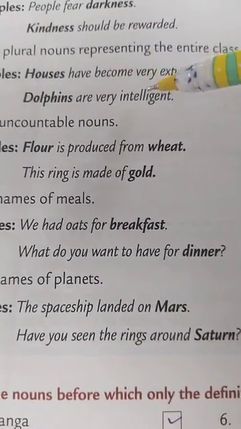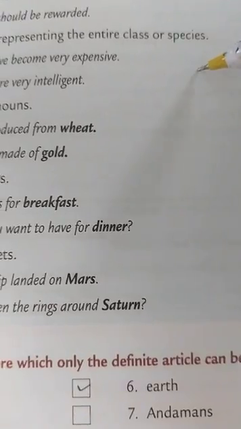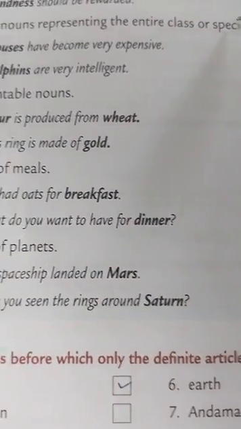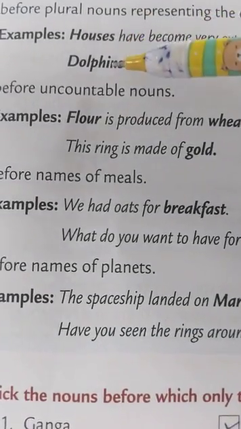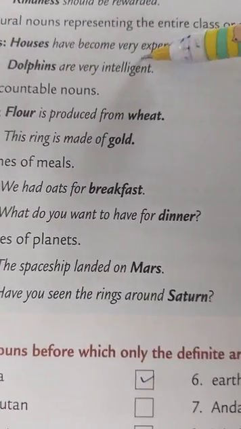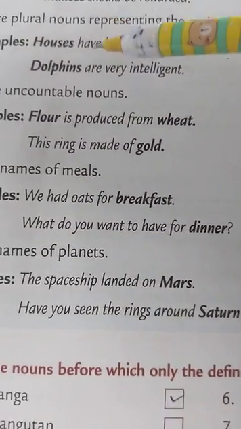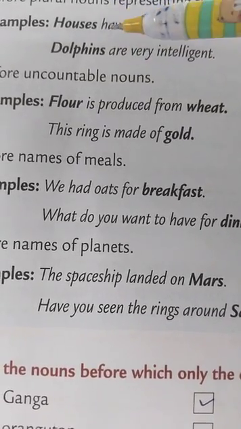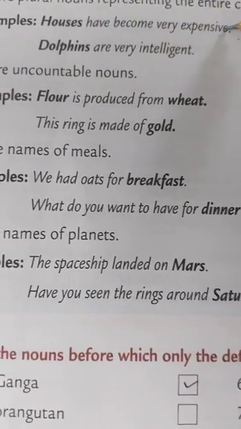Before plural nouns representing the entire class or species, so when a plural noun is used to represent the entire class or species, we do not use the before them. Like houses, it is a plural noun and it is representing the entire class in the sentence, so we have not used any article before it. Houses have become very expensive.